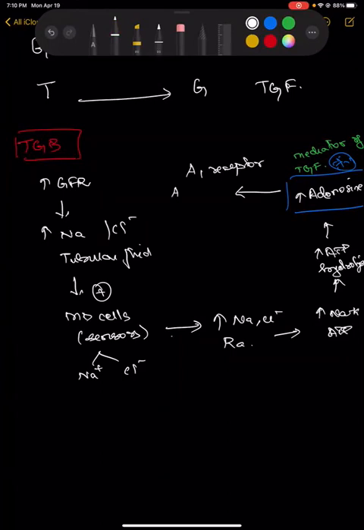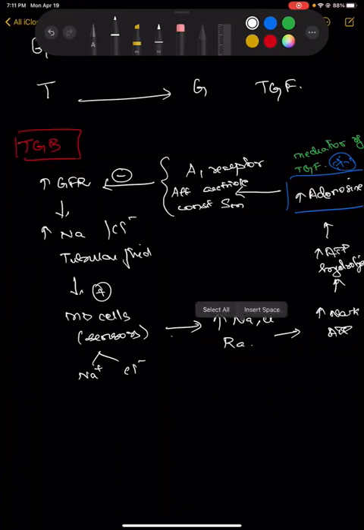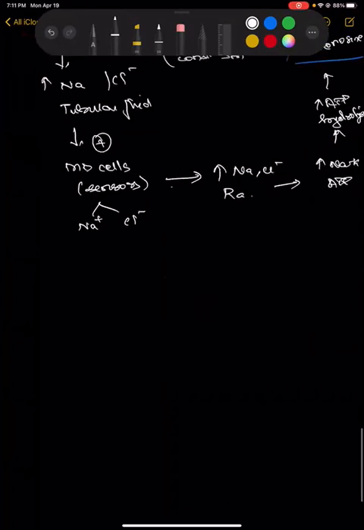The A1 receptor in the afferent arteriole will constrict the smooth muscles, and this will in turn decrease the GFR. So that is how the GFR is regulated. It's actually a regulation of the GFR, but here the sodium and chloride play a major role, and that is how it happens.